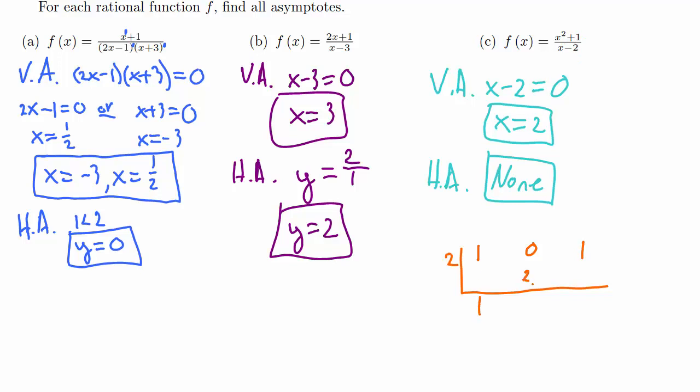Bring down, multiply, add, multiply, add. Fantastic. Now, if I was to write this down, x squared plus 1 all over x minus 2, in this form from down here, that would be x plus 2 plus 5 divided by x minus 2.